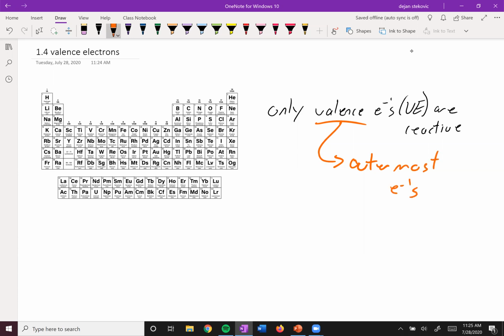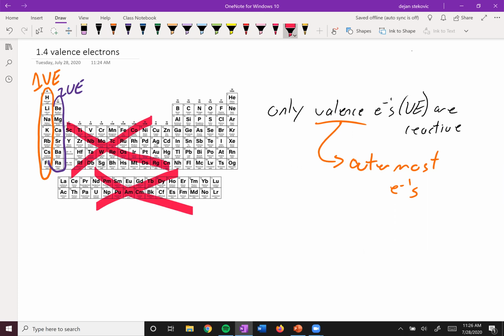Right, and the periodic table is organized very nicely for us by column, right? So in the first group, or the first column, everything here has one valence electron. In the next one over, we have two valence electrons. We then ignore the transition metals as well as the lanthanides and actinides.